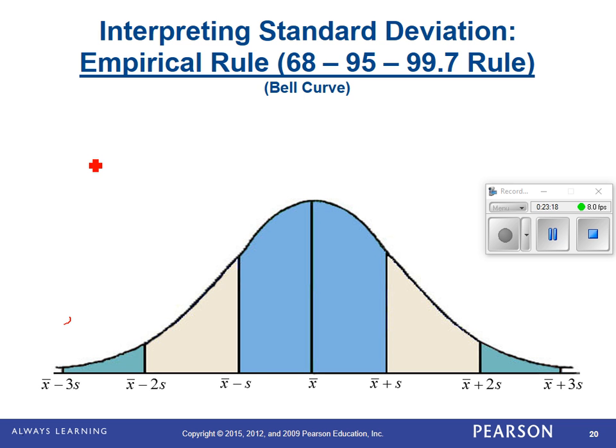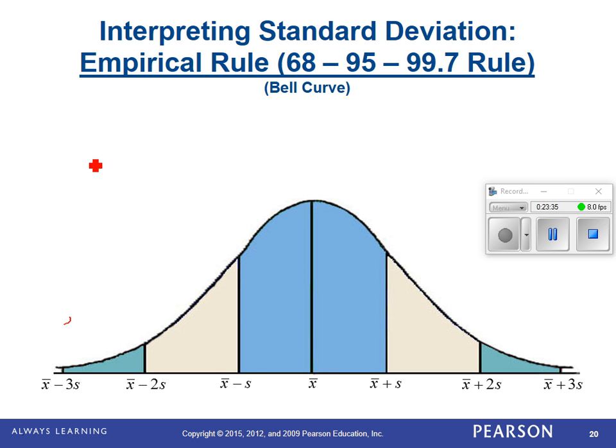All right, again, the empirical rule, bell curve, just looking down here, I got rid of some of that mess. One standard deviation below, one standard deviation above the mean, the X bar. Two standard deviations above, two standard deviations below.